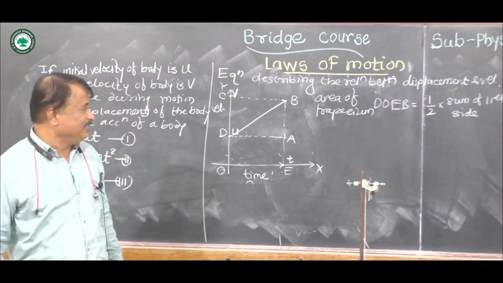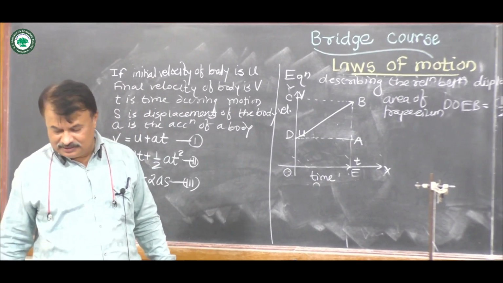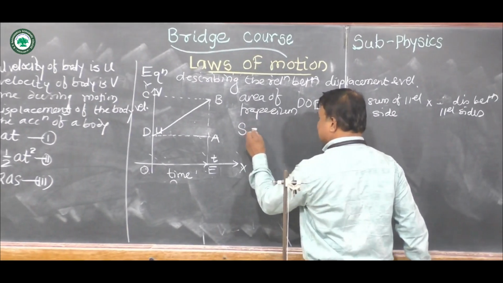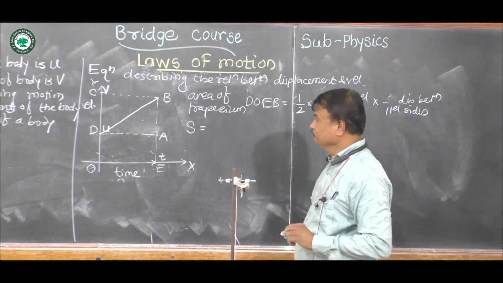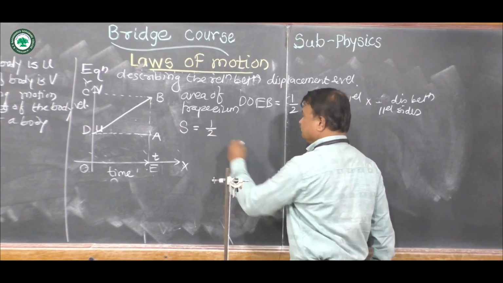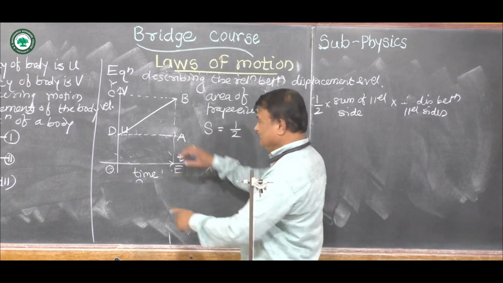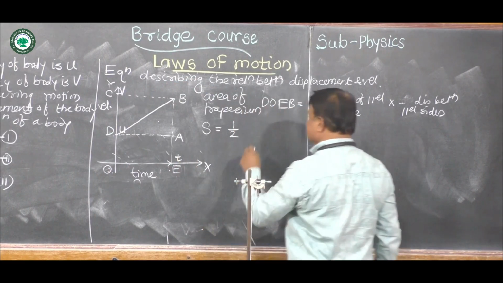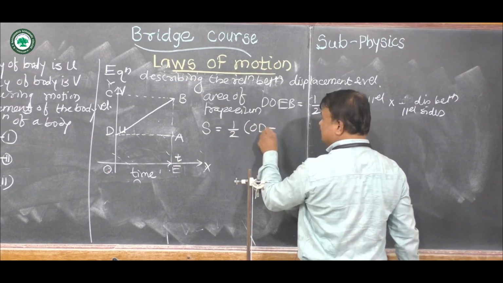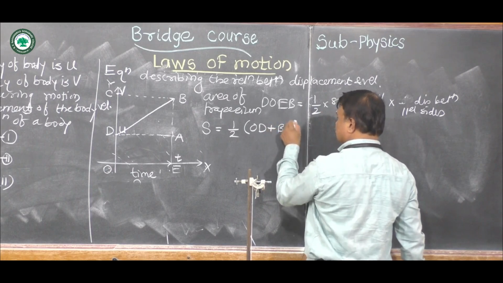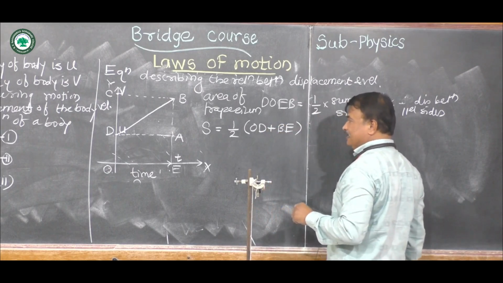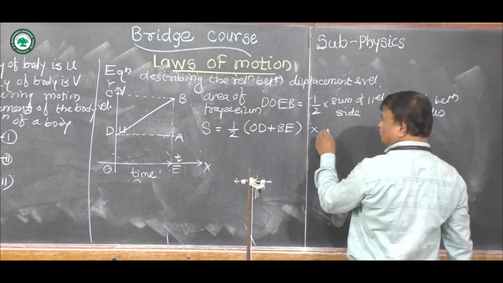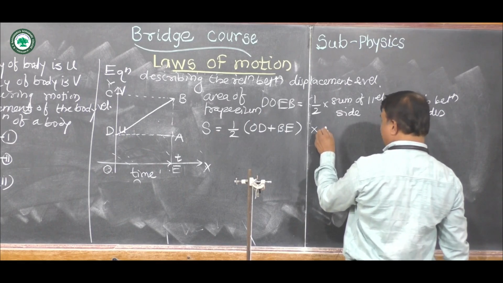In this way we get the area of a trapezium. Now this area of trapezium gives us displacement, that is equal to half the sum of parallel sides. In this trapezium, this side is parallel to this one. So we take the sum of OD plus B, into the distance between parallel sides, that is equal to DA or OE.